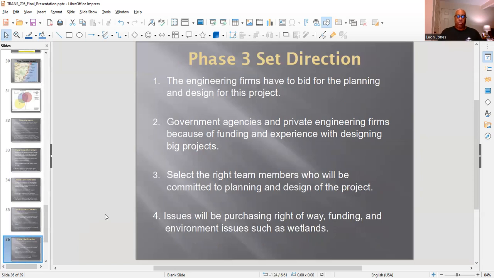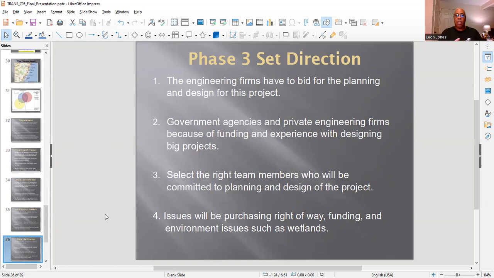Let's set directions. Engineering firms have to bid for the planning and design for the project. Government agencies and private engineering firms, again, government deals with the funding, and we need engineering firms with the design experience.